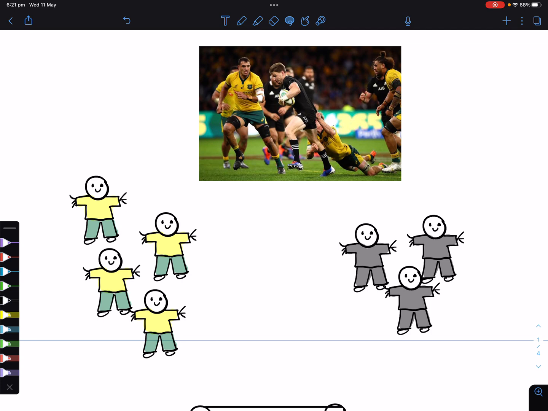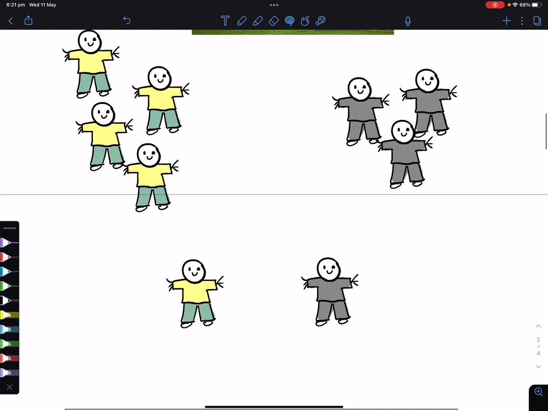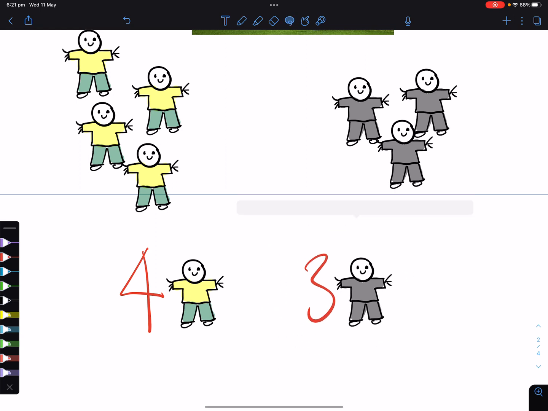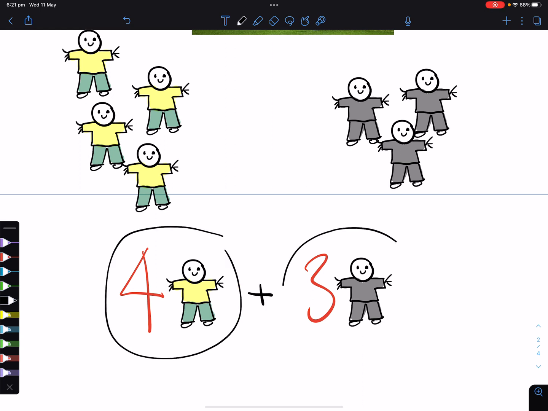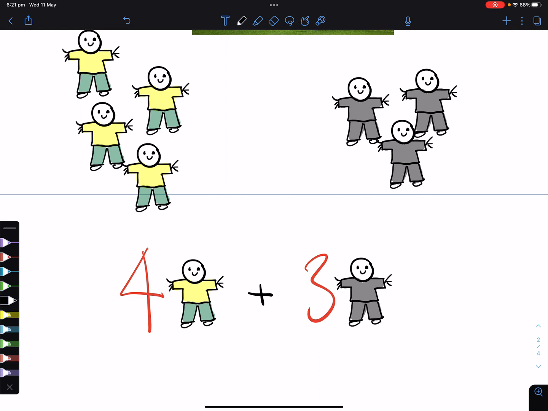I could go to the effort of drawing each one of these over and over again, or I could just say, well, there's 4 of these people who have yellow-green uniforms on, and there are 3 people wearing the black uniforms, at least in the foreground. I know there's more in the background, but I don't care for this analogy, and I'll just say, in total, I'm adding this number to this number. Now, we're getting closer and closer to what it looks like in maths.